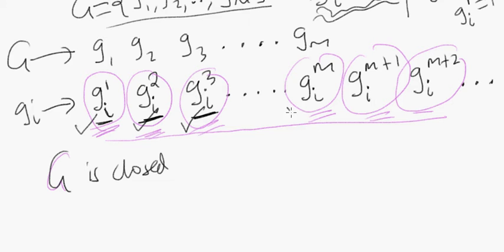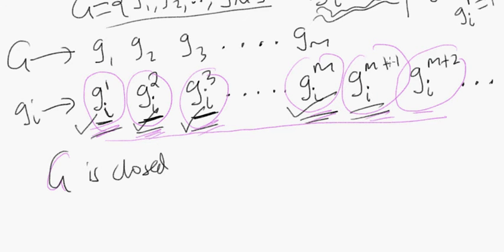And all the way to g sub I to the m, aren't those elements of the group as well? Okay. Well, if g sub I to the 1 and g sub I to the 2 and g sub I to the 3 all the way to g sub I to the m are all elements of the group, then isn't g sub I to the m plus 1 some extra element of the group?